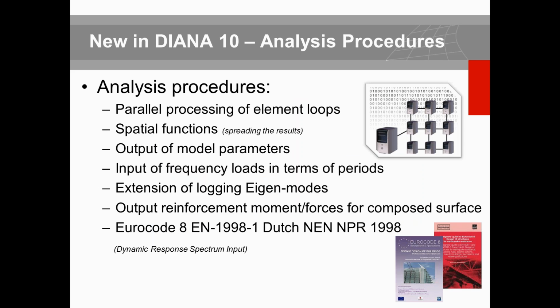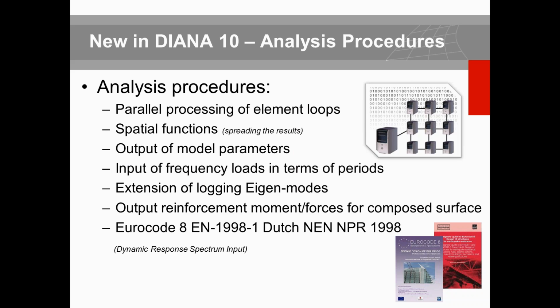Furthermore, we have done further development in terms of parallel processing over the element loops, and spatial functions for spreading the results. For the output of model parameters, this is also a very nice feature. For instance, with random fields, or if you're doing Young hardening analysis, some part of the model gets hardened, some part not. It varies in time and temperature.